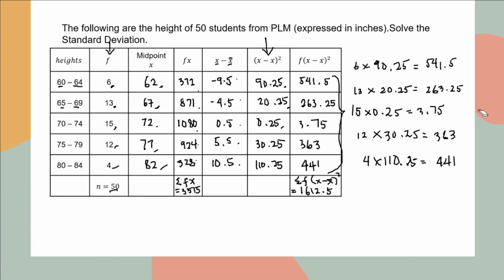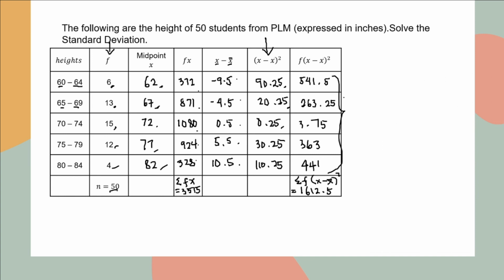Okay. So the formula for the standard deviation is S is equal to the square root of the summation of F times the square deviation over n minus 1. So S is equal to the value for the summation of F times square deviation, 1,612.5 over, our n is 50.